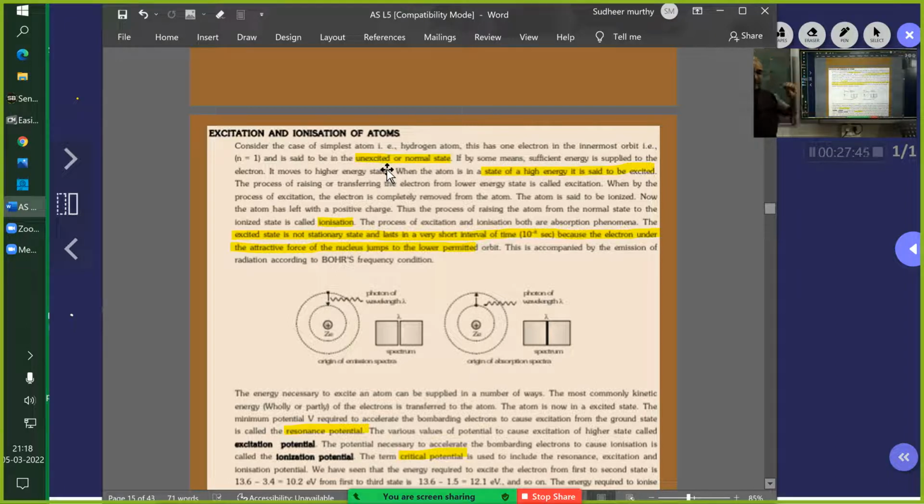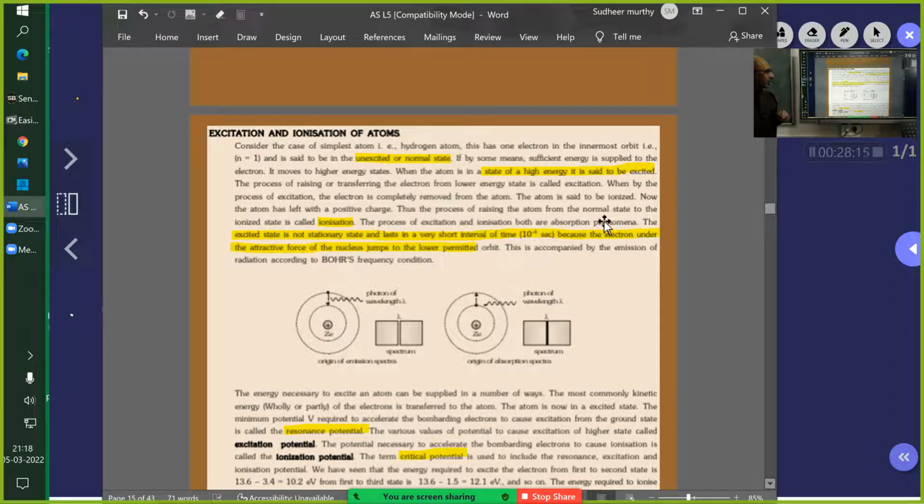If the electron is at the position n equal to 1, then we say it is in the unexcited or normal state. When an atom is in a state of high energy, it is said to be excited. That means if the electron in the atom is excited, then we say it is in a state of high energy.